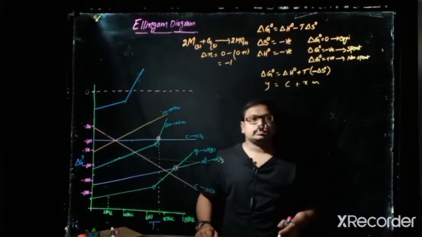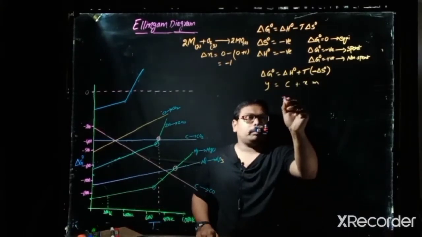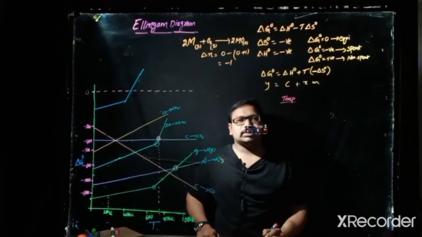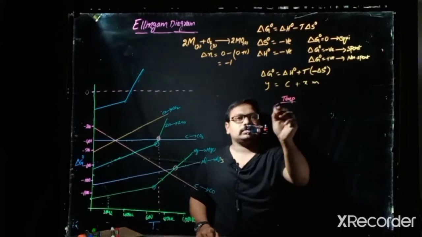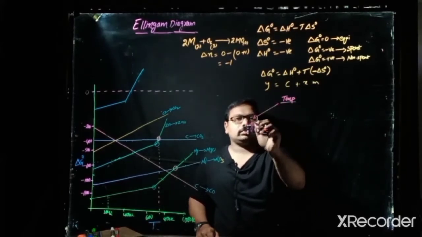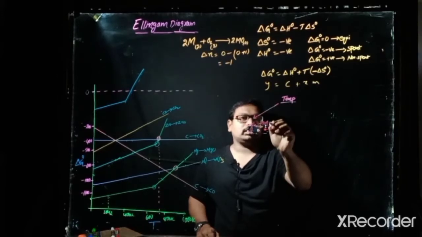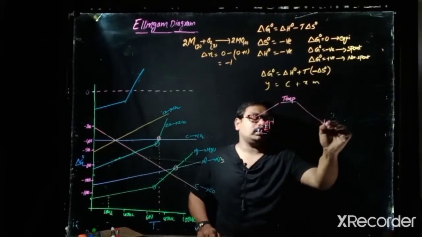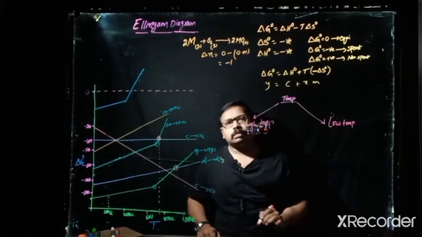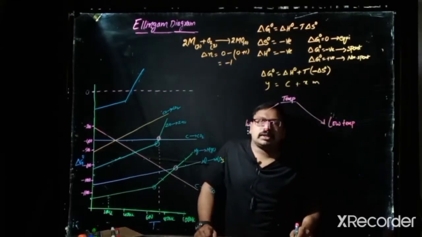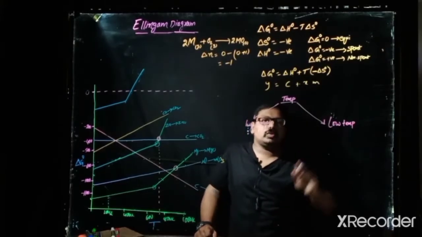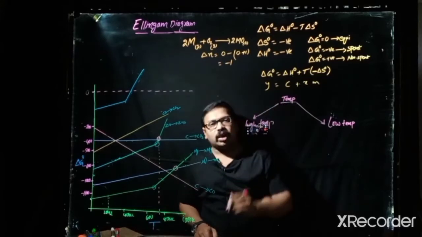For my convenience, I am writing high temperature on this side and low temperature on this side. My intention is to calculate the standard Gibbs free energy at high temperature as well as at low temperature. So what is our formula?